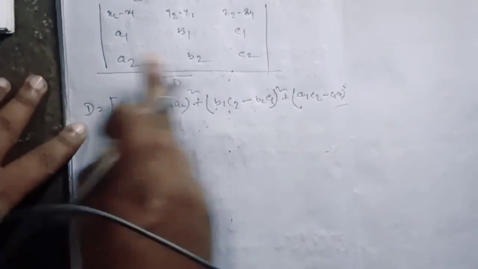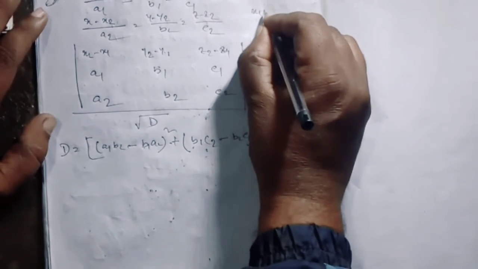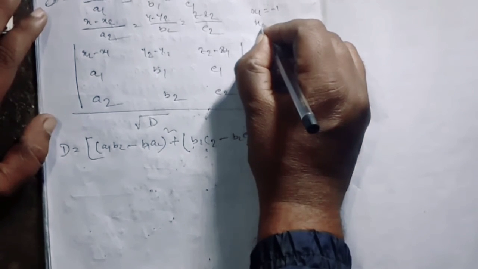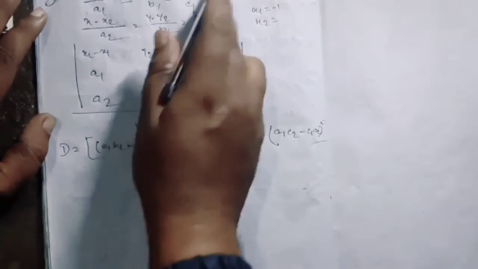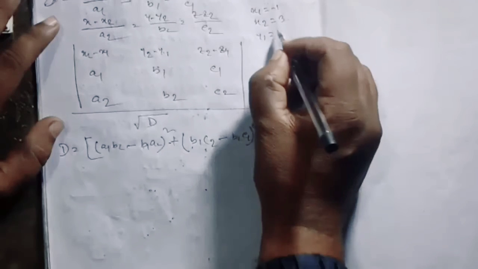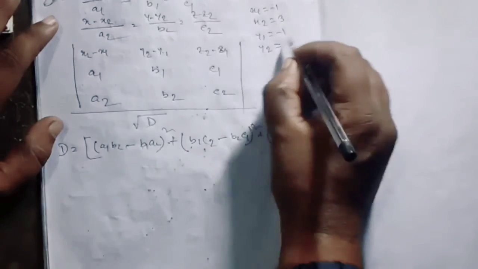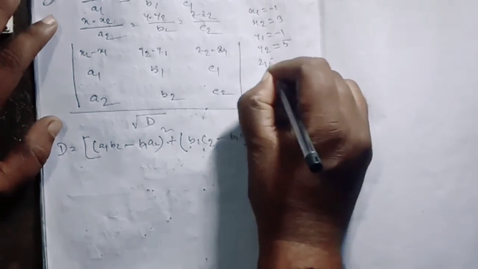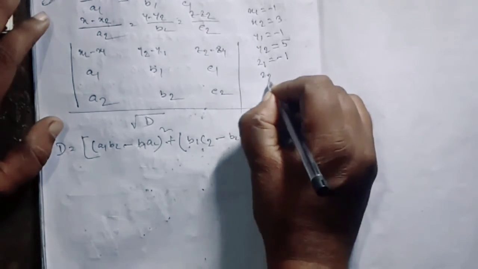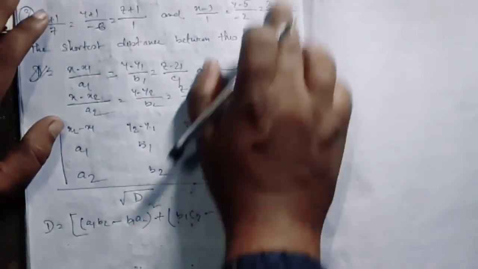Okay, now if we compare, here x1 equals minus 1, x2 equals 3, y1 equals minus 1, y2 equals 5, z1 equals minus 1, z2 equals 7.